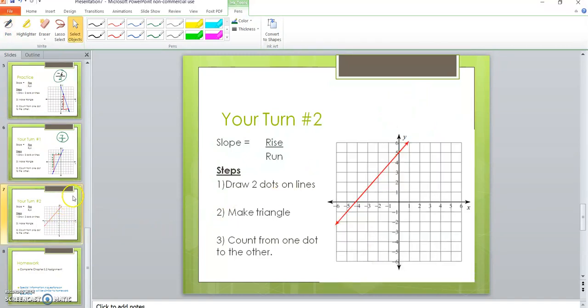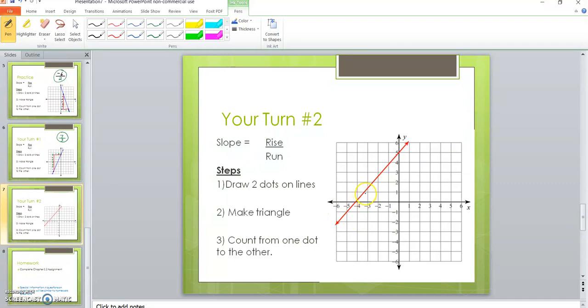Let's do one more. So in this one, they don't give us any dots. So you have to be very careful because the dots that you put on must be on the intersections.